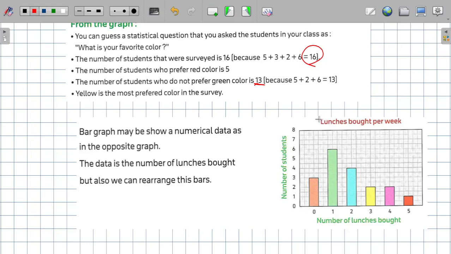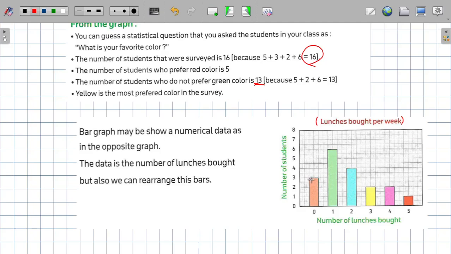Here I have the lunches bought per week. Okay, so I will ask every student about the number of lunches bought per week. So maybe no lunches, one lunch, two lunches, three lunches, four lunches, five lunches, and I will collect my data.